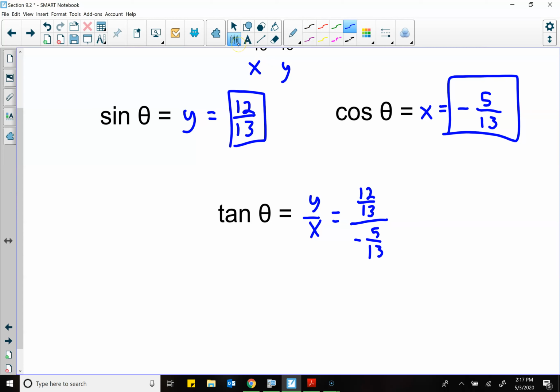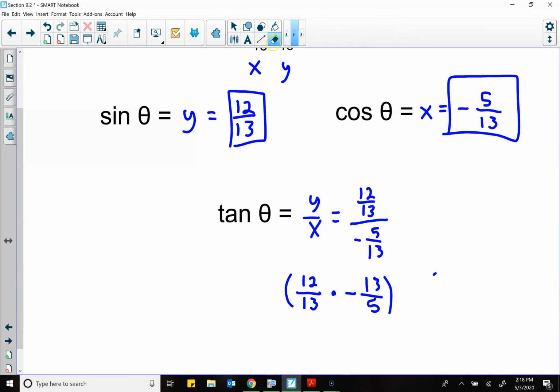You know how to do that. It's not that hard. Or if you can remember that we don't really divide by fractions. What you do is you multiply by the reciprocal. So we change division to multiplication. Remember, keep, change, flip. Keep the numerator, change the division to multiplication, flip the denominator. So -13/5.